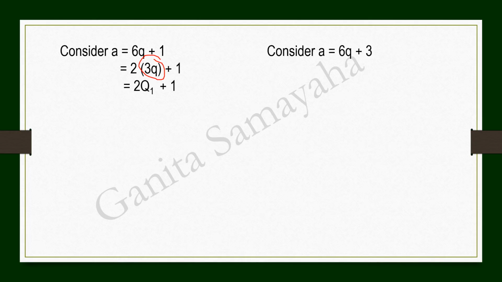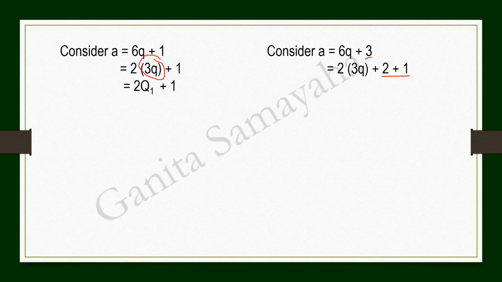Okay. Now let us consider the other form a equal to 6q plus 3. If I am able to express this also in the form 2 into some quotient plus 1, then this is odd. So this is equal to 2 into 3q, and this 3 I am writing as 2 plus 1. Okay, children, this 3 is being written as 2 plus 1. Why? Simply because we want plus 1. So this is written as 2 into 3q plus 2 plus 1.